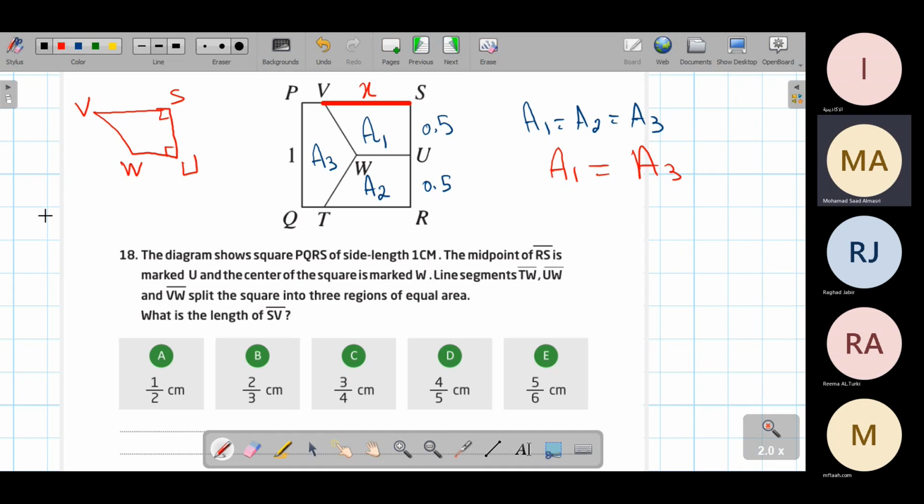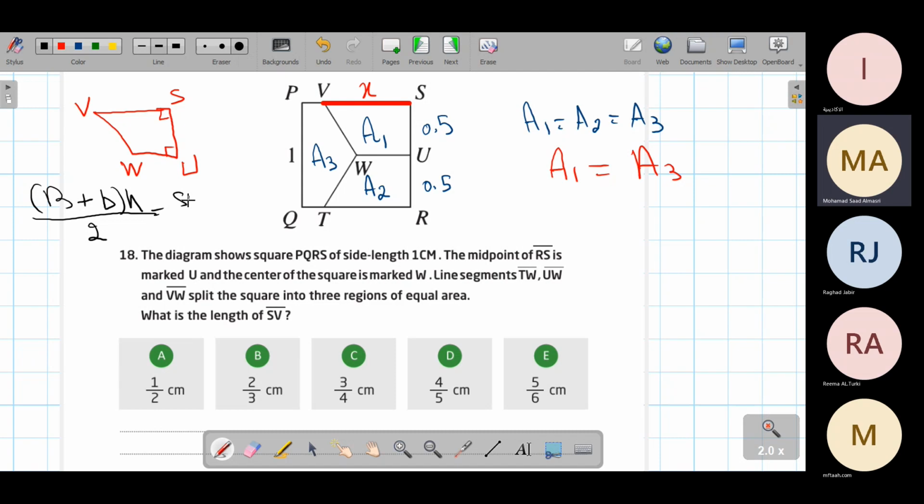The rule says that the area of a trapezoid is equal to the big base plus the small base, times the height, divided by 2.